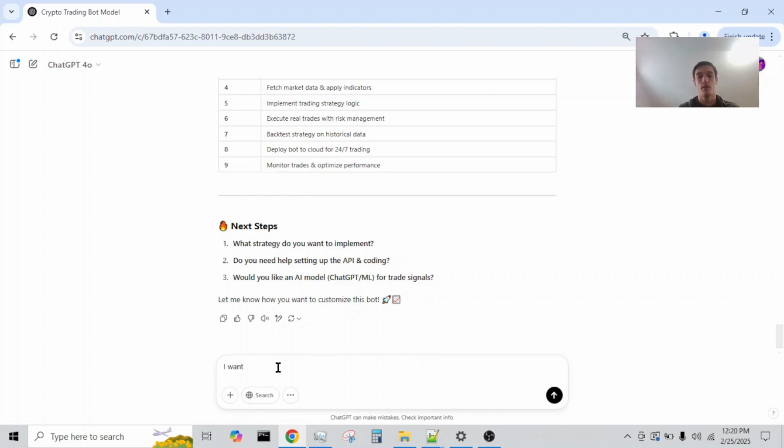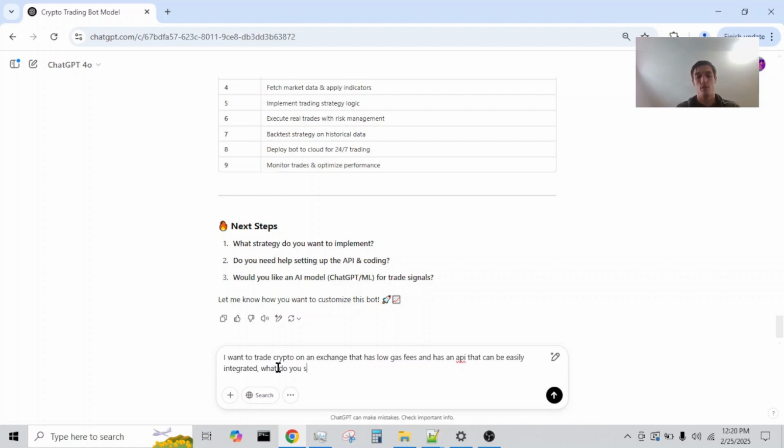I want to trade crypto on an exchange. Typing's hard. I want to trade crypto on an exchange that has low gas fees and has an API that can be easily integrated.